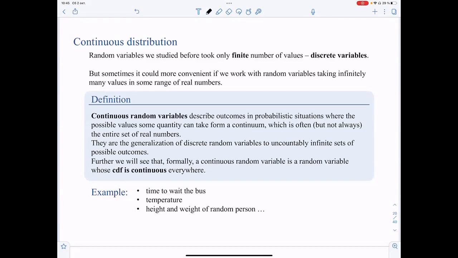And now the amount of possible outcomes is infinitely large. Well, as a result, we start to discuss the distribution of continuous random variables.